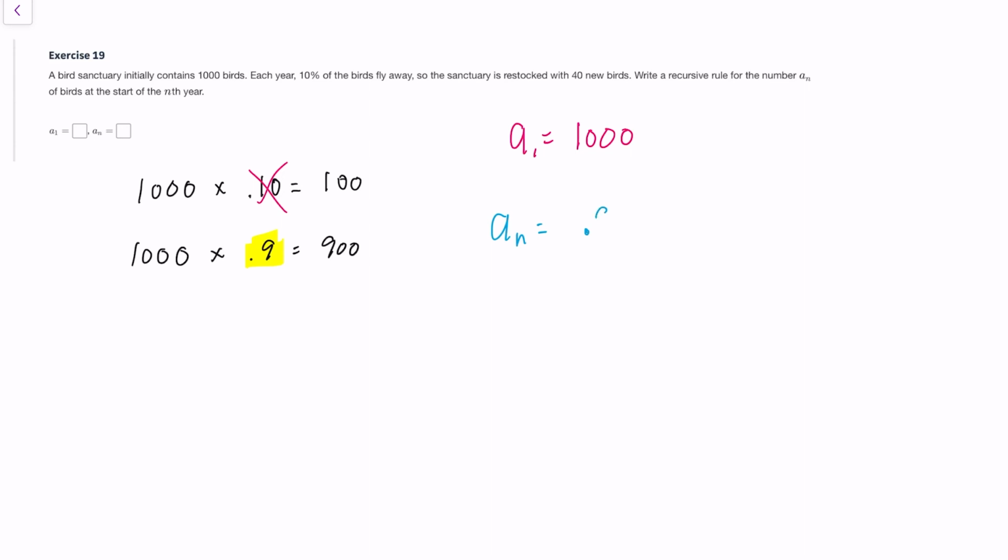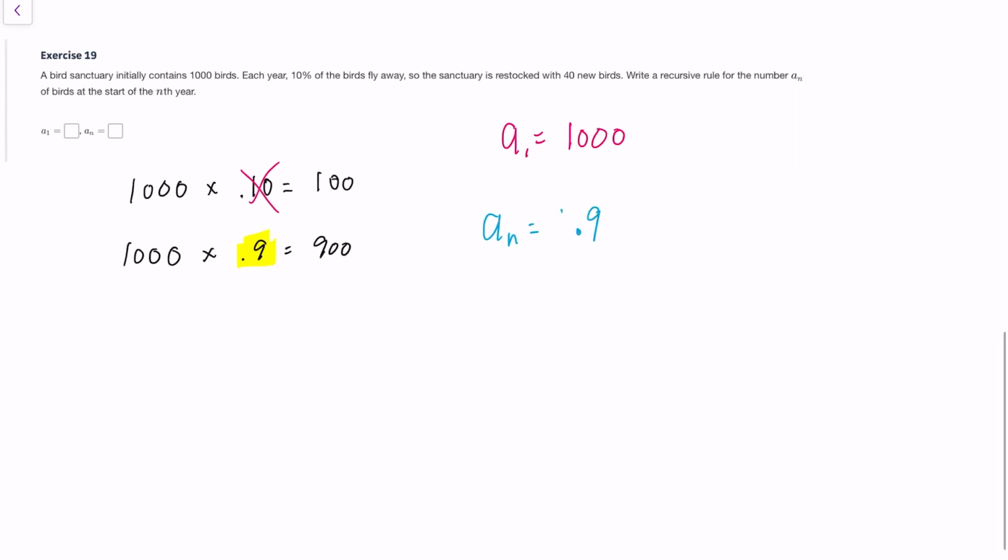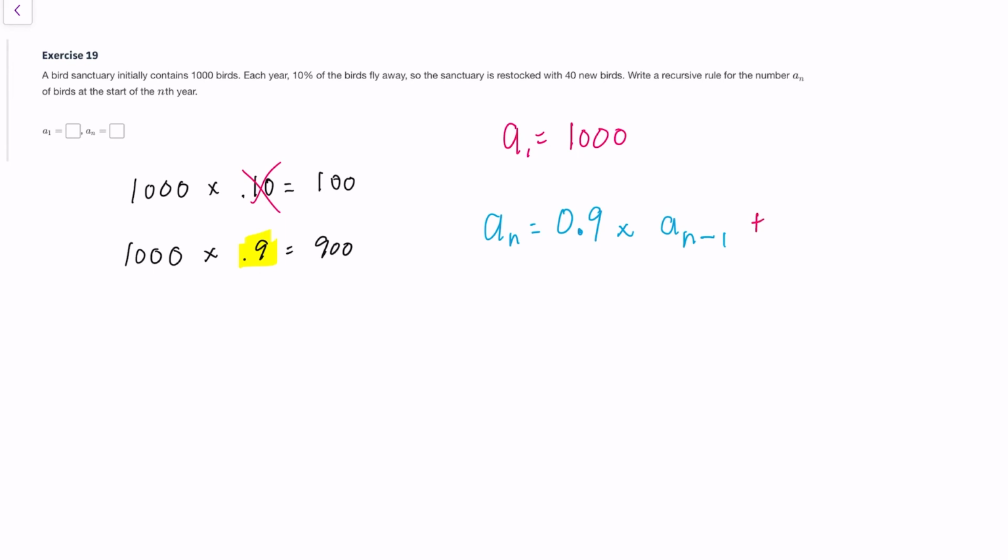So we're going to put 0.9, and then we're going to multiply that by the previous amount, A sub n minus 1. That tells us we take 90% each time. But remember, we do restock the birds with 40 new ones, so we're going to put plus 40. And there's your rule.